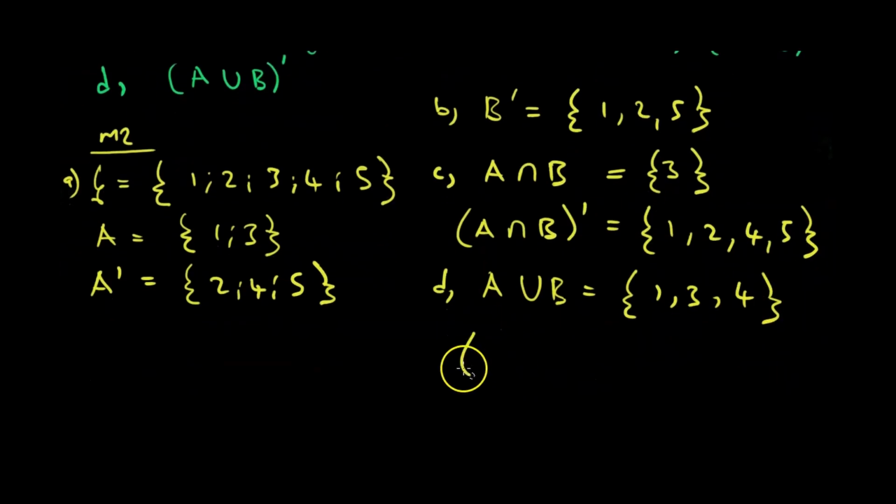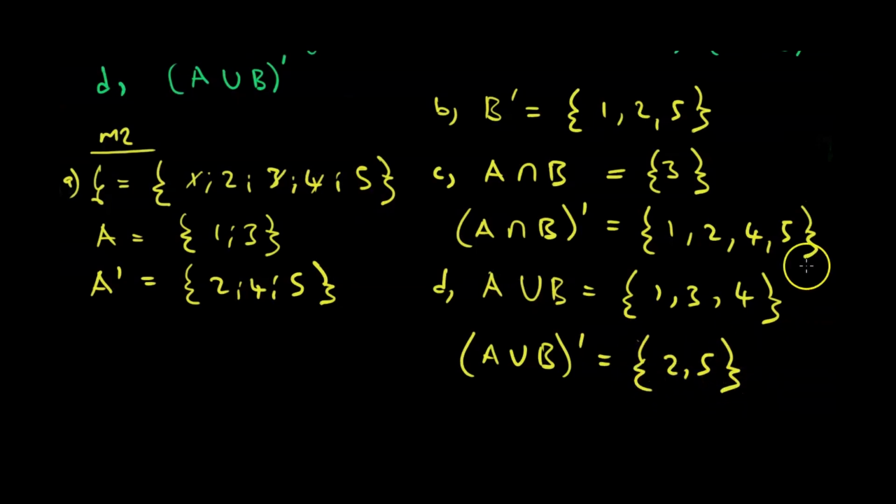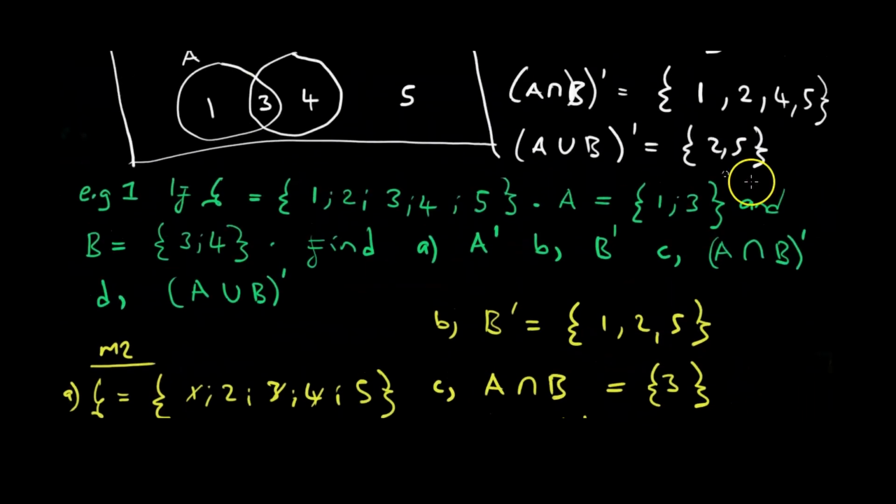Saka kana zvadai so A union B complement inenge iri equal to, tinouya pa universal set tocheka 1, 3 na 4. Saka our answer will be what, 2, 5, which also is the answer panapa.